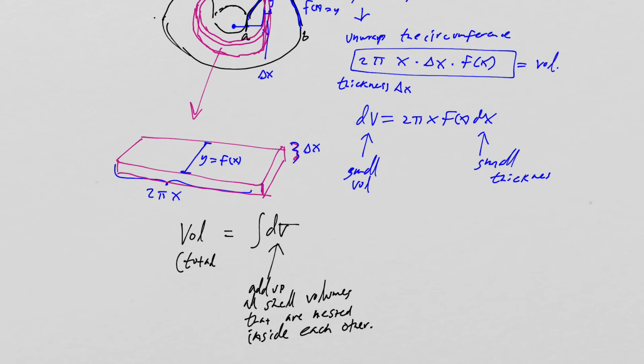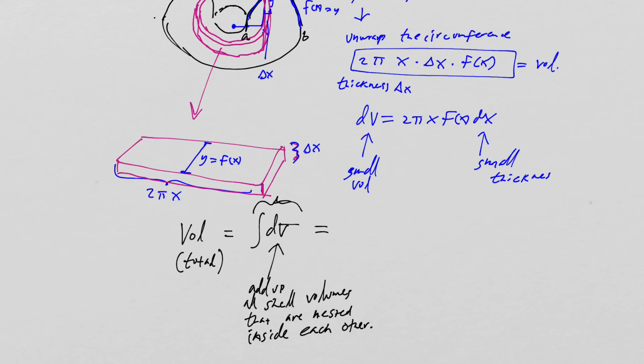Okay. So this symbol in itself doesn't do a whole lot, but I think it invokes the thing that we want to do, which is break down that volume into a bunch of little volumes, and to get the total volume, we add up all those little volumes.